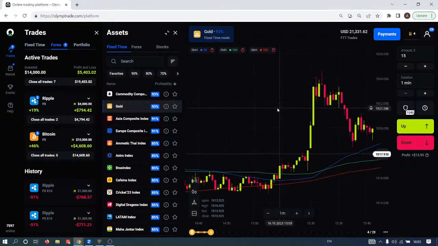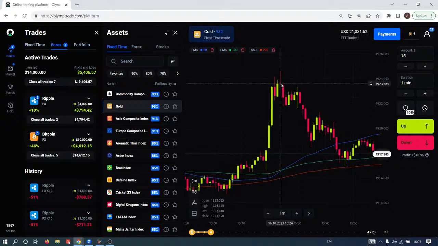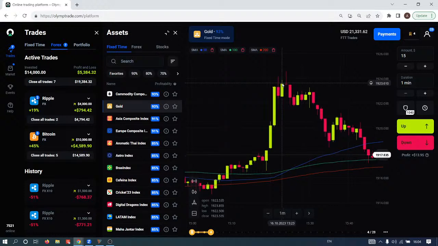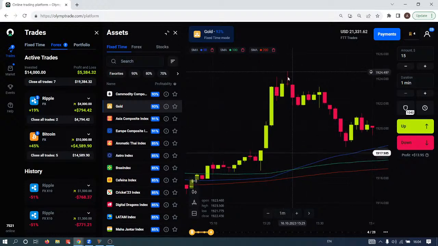So, in a nutshell, to put it very simply, such a pattern is a synonym to the pin bar pattern, or a doji-looking candlestick.